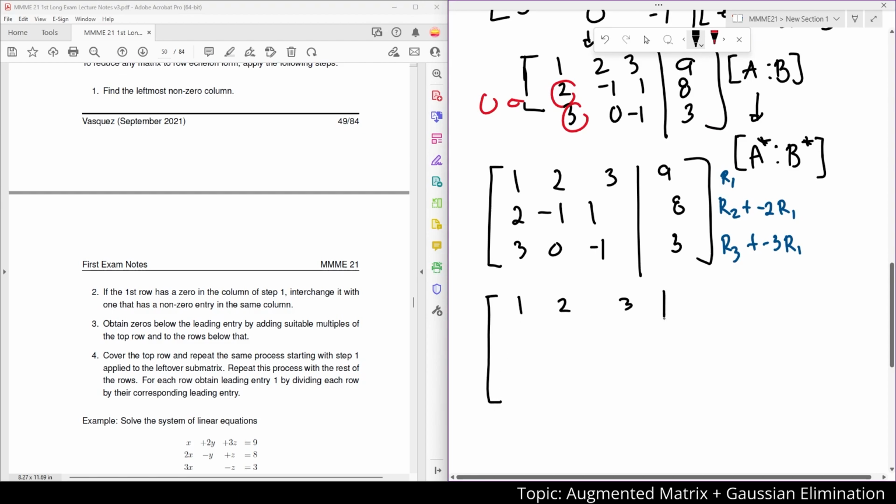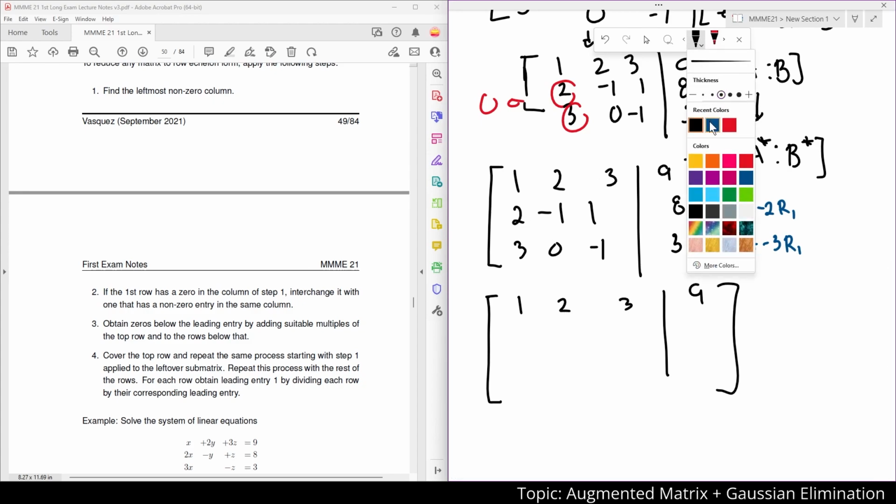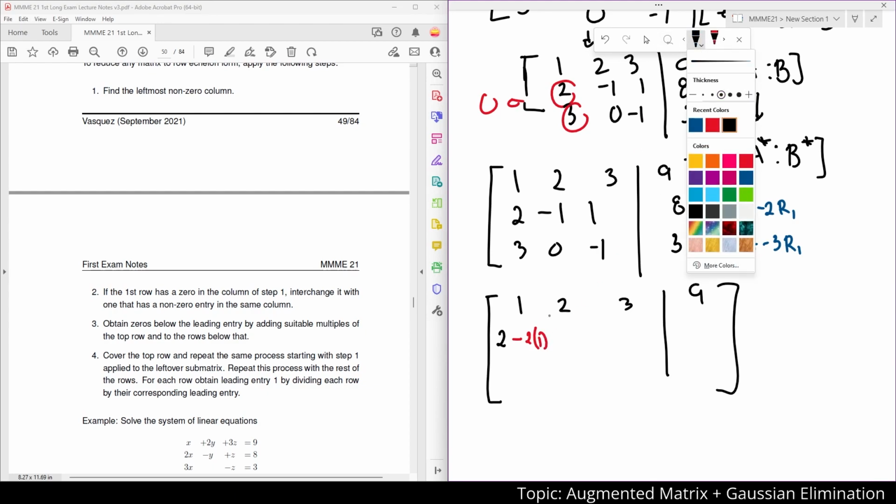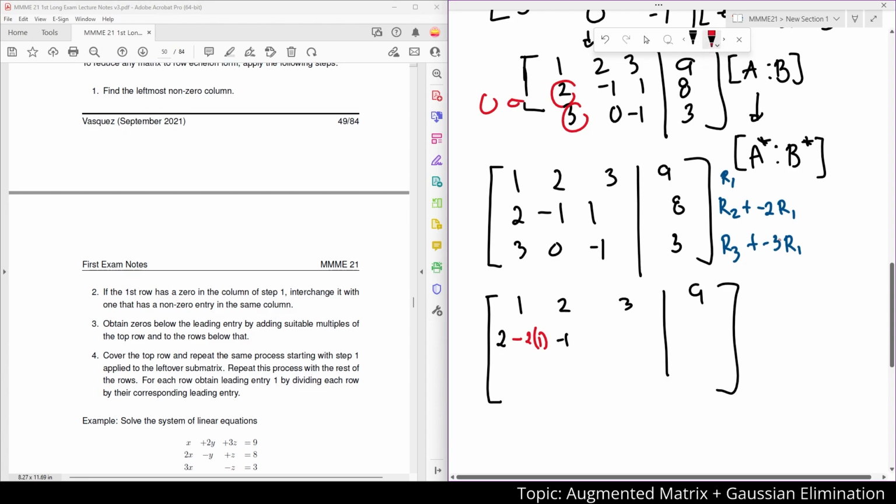1, 2, 3, 9. Then we have 2 minus 2 times 1. Then we have negative 1 minus 2 times 2. Then 1 minus 2 times 3. And lastly, hindi lang ito yung matatransform, ito rin, kasi isang matrix na lang yan essentially.